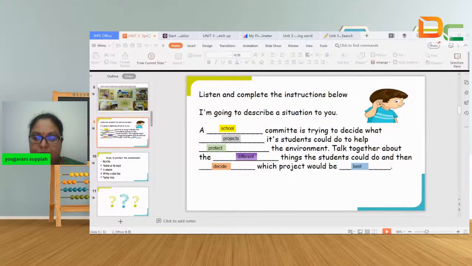And I repeat the instruction. A school committee is trying to decide what projects its students could do to help protect the environment. Talk together about the different things the students could do and then decide which project would be best.